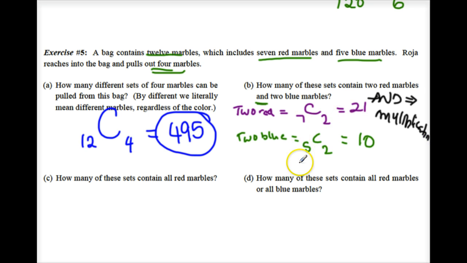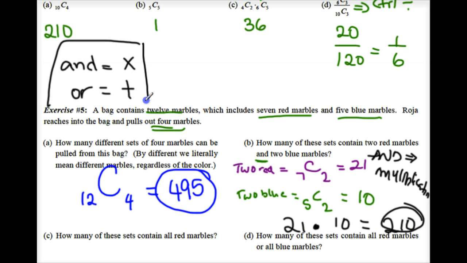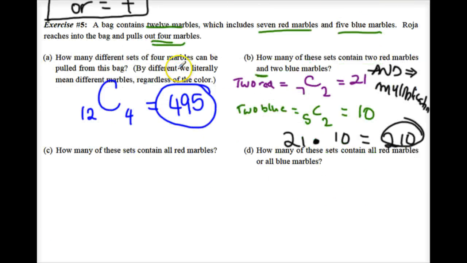So 2 red is 21, and means times 2 blue, which is 10. So the total ways would be 210. Okay, so key note, let's write it here. And means multiplication, and if you see the word or, that means addition. These are 2 key notes that you need to remember as well.